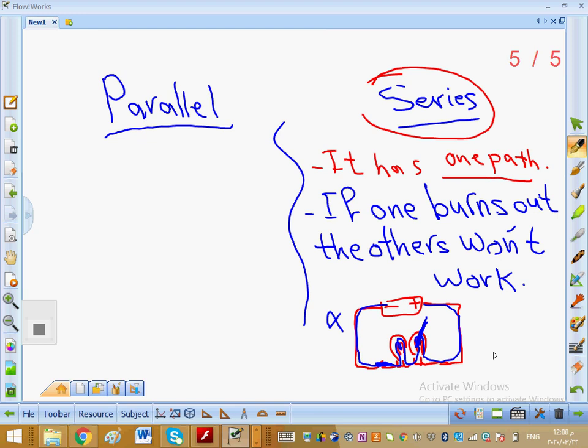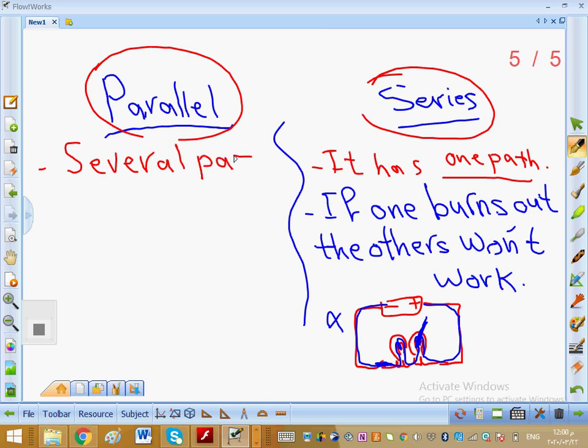The second type of connecting devices, parallel circuit. In series we have what? One path. In parallel we have several paths, more than one path. So electric charges can flow in more than one path. How? So this is the battery, for example, then positive and negative.